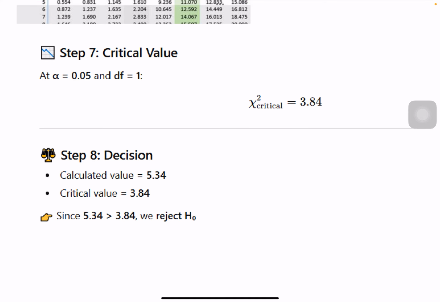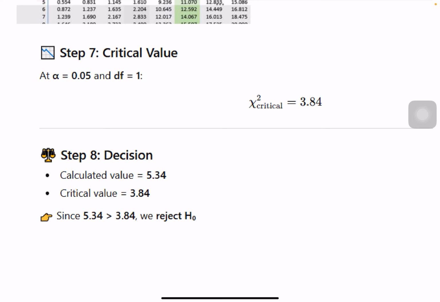Step number 8, we make our decision. Our calculated value is 5.34 and our critical value is 3.84. Since our calculated value 5.34 is greater than the table value 3.84, we reject H0. It means that we reject the null hypothesis.